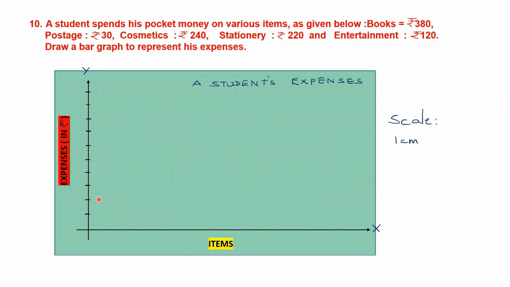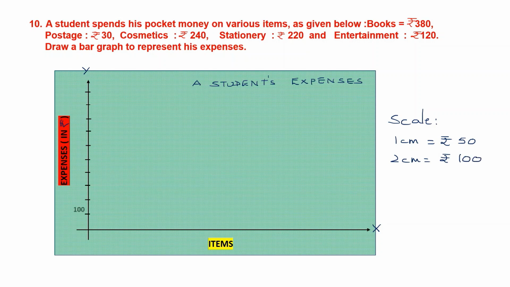Or we can even think of 2 centimeters to be 100. It's the same as 1 centimeter being 50. So if we have 1 centimeter as 50 rupees, then 2 centimeters will be 100 rupees.